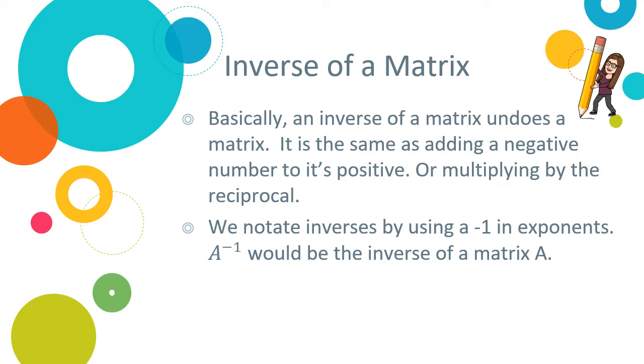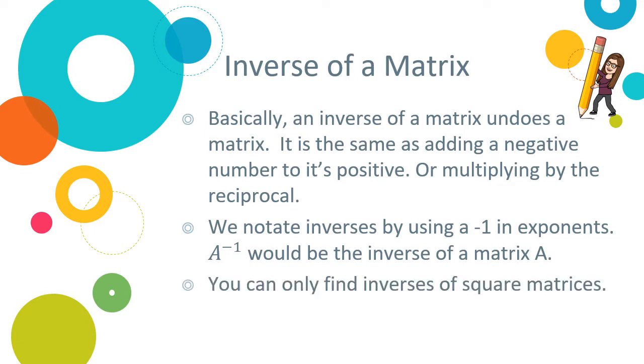The nice thing about that notation is that's also what we would use in our calculator to find the inverse. And again, we have some limits similar to determinants, right? We are only going to deal with square matrices.